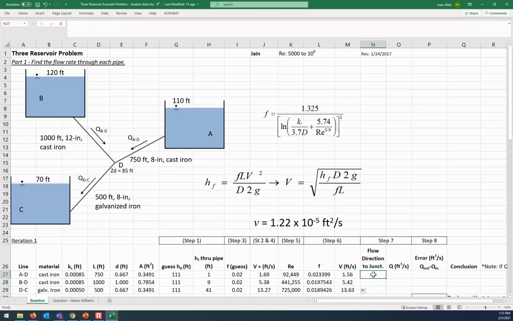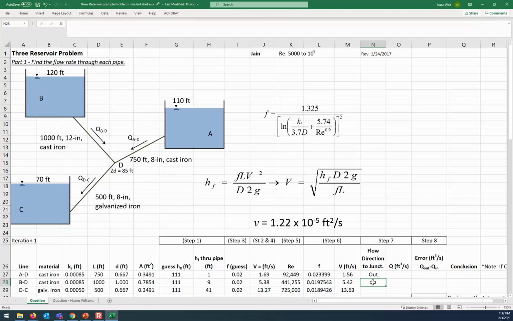Now, flow direction. Is the flow going into the junction or out of the junction? In AD, we said that it's 110 feet of head in the tank, and there's 111 at the junction. And so the water is going to go from the junction to the tank. So I'm going to call that flow direction to the junction out.